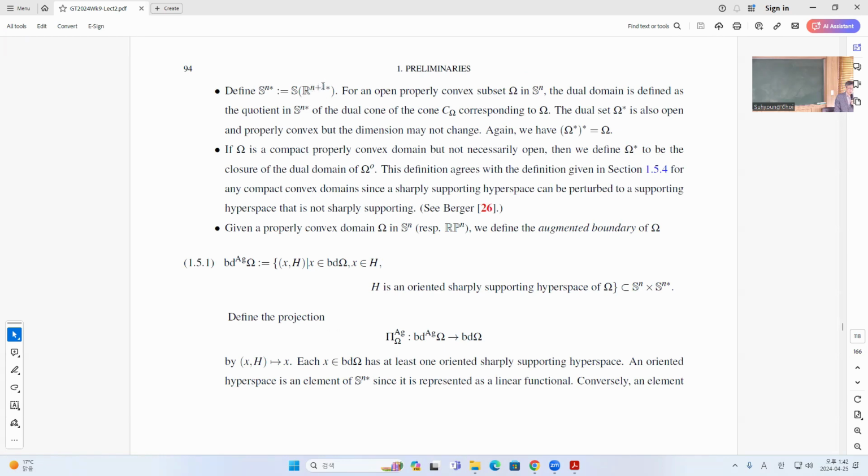Here S^n is the projectivization double cover of the linear space R^(n+1), and then you can also define the cone and another dual cone in the same way. And we still have these. If omega is properly convex but not convex, then omega star is the closure of a dual domain.